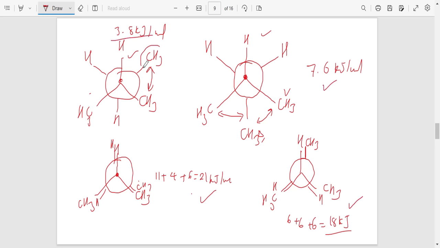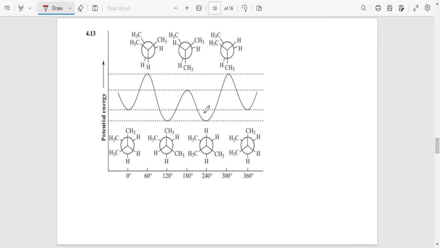So where the CH3 interaction is only one, that is going to be the minimum energy. So this is what we are going to see. Okay, so the minimum energy, we have this point, which is the CH3 interaction. The CH3 and CH3 interaction is small, and it is the same as this molecule. The maximum energy we saw when these two groups were together, which is the same as this one.